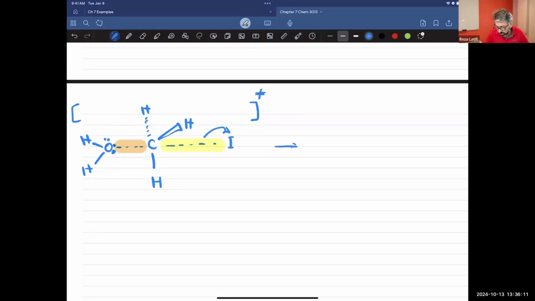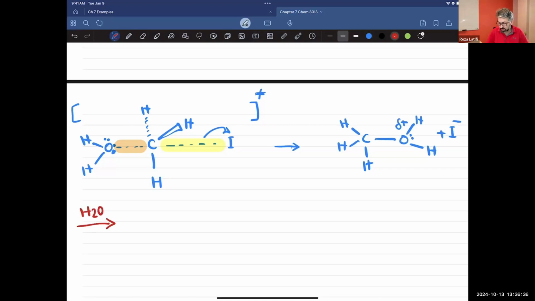And so the product will be this. I get carbon with 3 hydrogens, and then oxygen with 2 hydrogens, plus iodide, I minus. Oxygen has a positive charge, which means we need a base or solvent involved to take a hydrogen from the product.